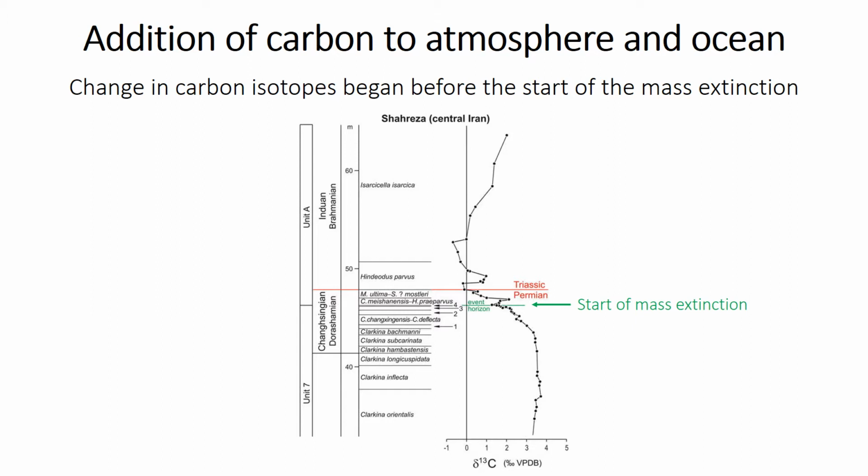And in fact, the extinction seems to occur at a point where the carbon isotopes are changing especially quickly. So that suggests that whatever was making the carbon isotopes change had started before the extinction, and it wasn't really the extinction itself that caused the change. Although we can't rule out some kind of feedback, the trigger was not the extinction.